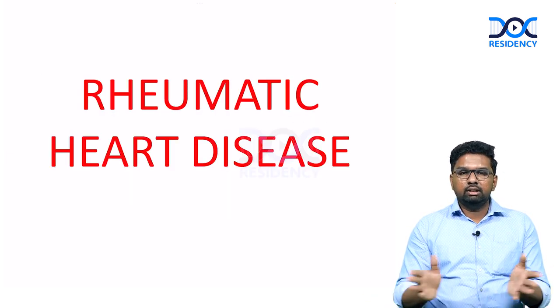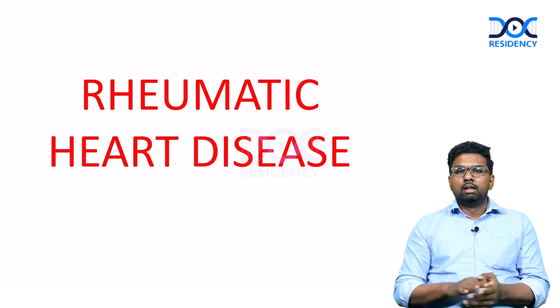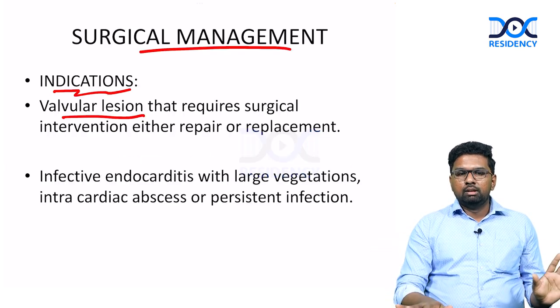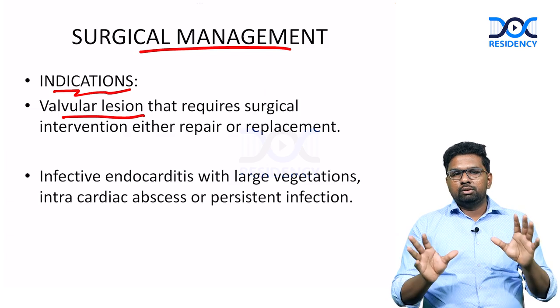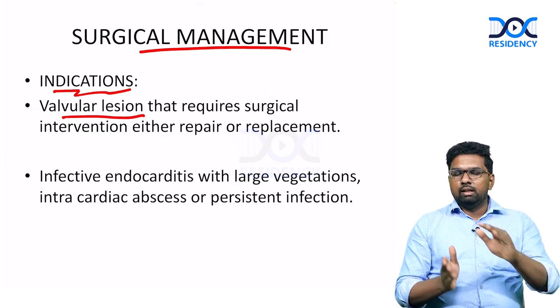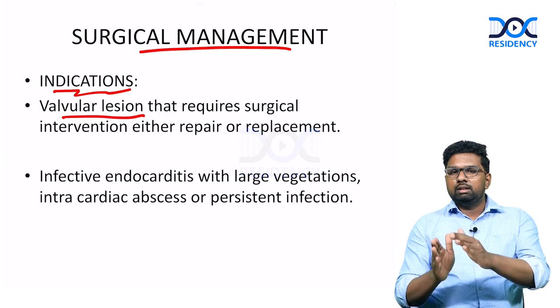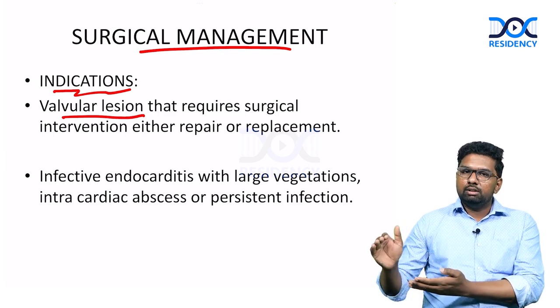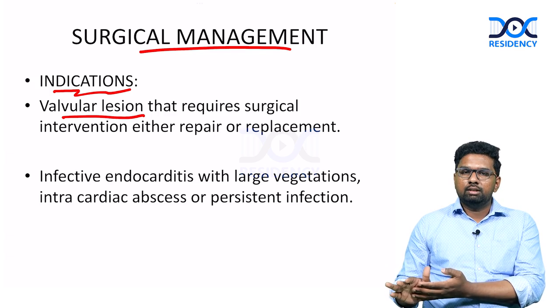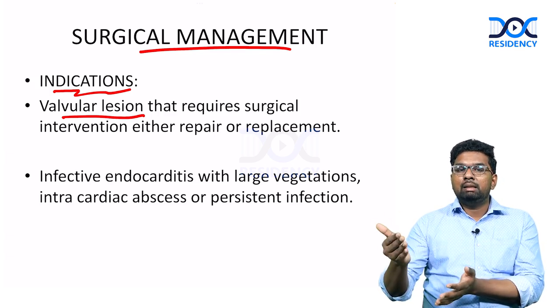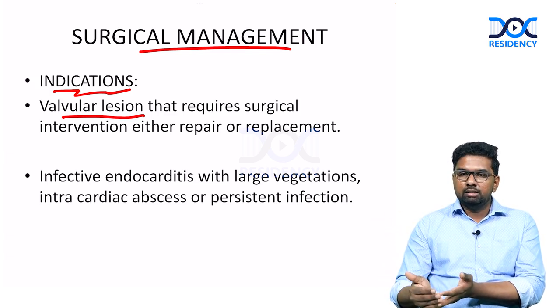So there comes rheumatic infective endocarditis. Summing up infective endocarditis: first you should know about the valvular anatomy and the causative organism, Duke's major and minor criteria, the investigations to be done for infective endocarditis, and the antibiotic prophylaxis for infective endocarditis.